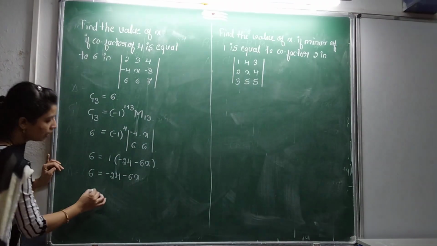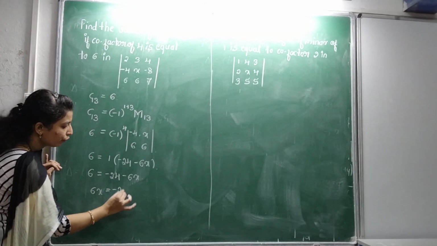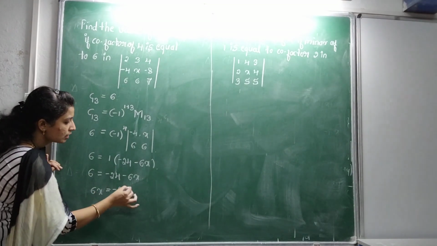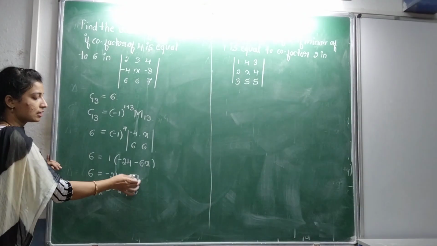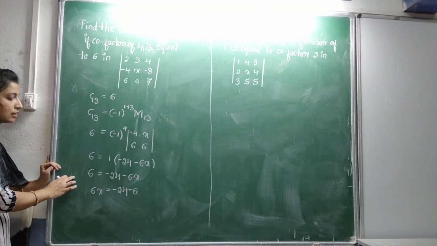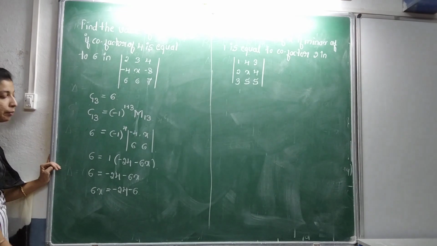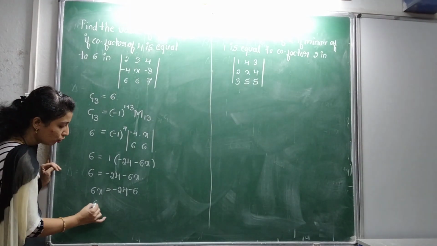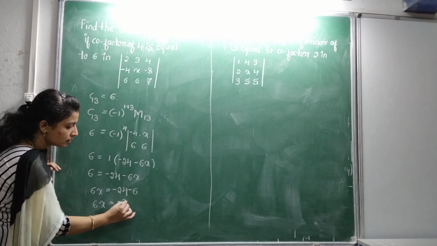6x. This 6 comes to the RHS, then it is minus 6. Minus 6x goes to the LHS, then it becomes plus 6x. So 6x is equal to minus 24 minus 6, that is minus 30.